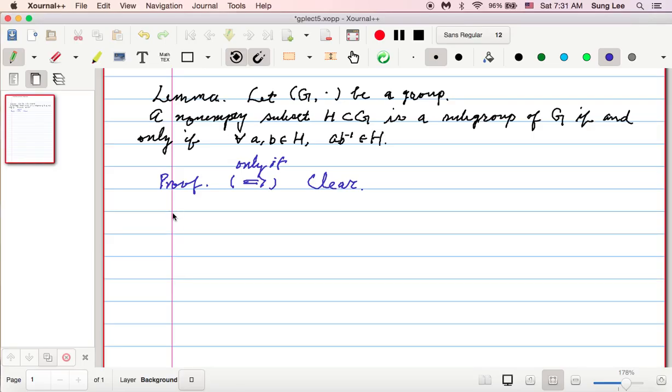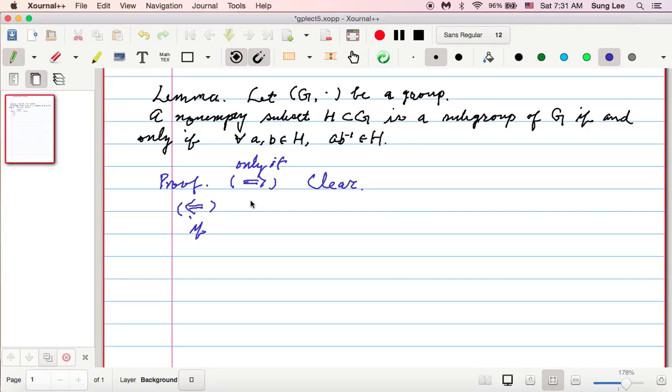Right, so we just need to show the if part, the other way around. In other words, H is a subgroup of G if this is satisfied, right? Okay, so that's the if part.